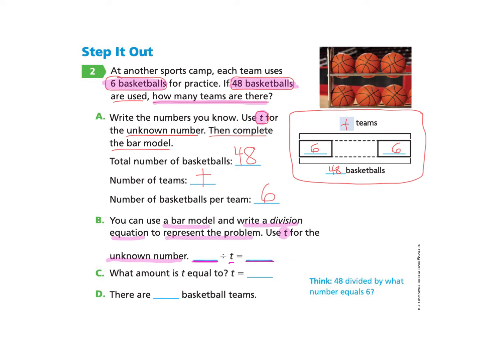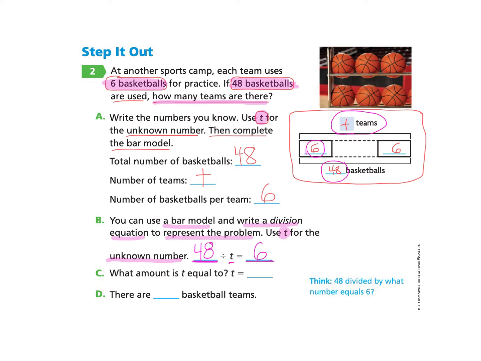And so we know that we are breaking 48 basketballs. So we will put that here as our dividend. And we're going to divide it into T teams, but we don't know what that is. And that's going to give us the answer of 6 because there are 6 basketballs per team.